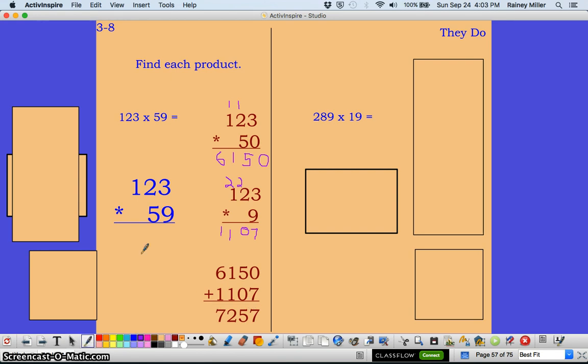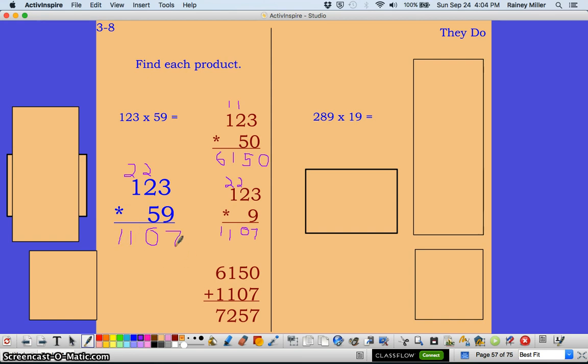If I'm doing it the other way, I imagine that the 5 doesn't exist. 9 times 3, that's going to be 27. 9 times 2, 18, plus 2, that's going to be 20. 9 times 1 is 9, 10, 11. So that's going to get me that 11 there.